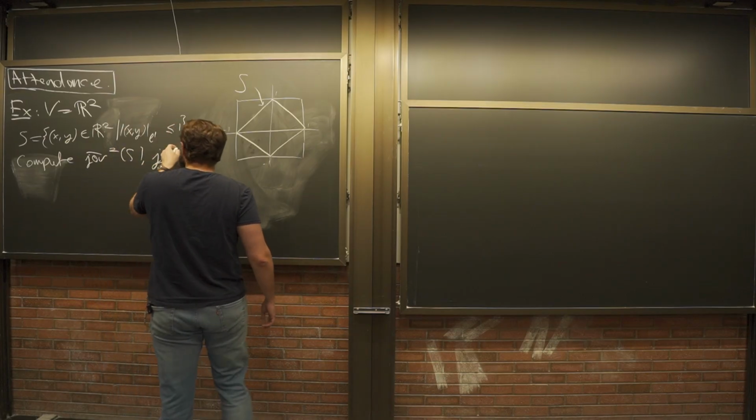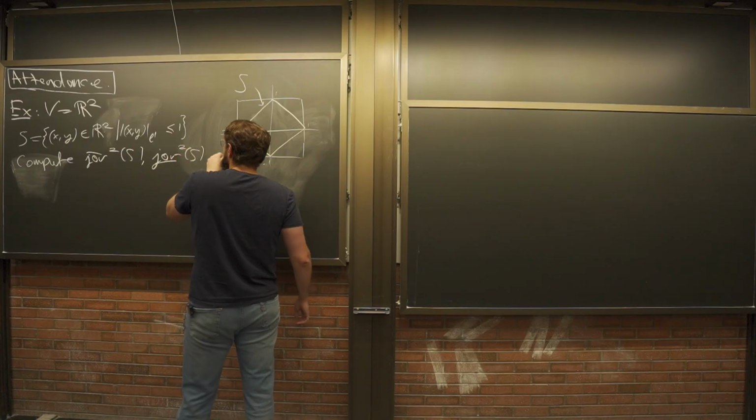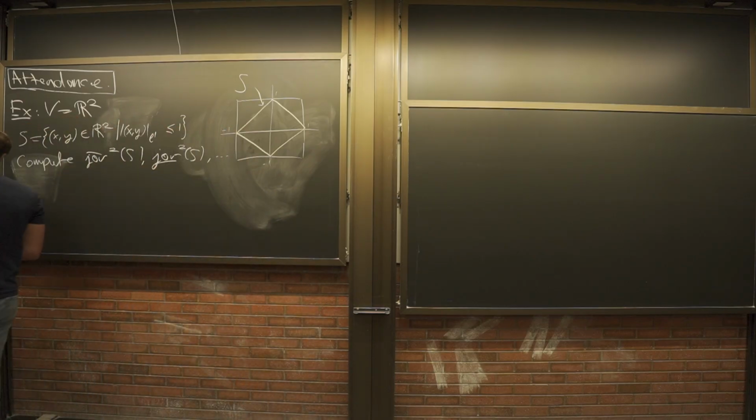I'm going to remind you what these are in a second, etc. I would like to compute things that are similar to volumes, or areas in this case, because two-dimensional volumes are nothing but area. OK.